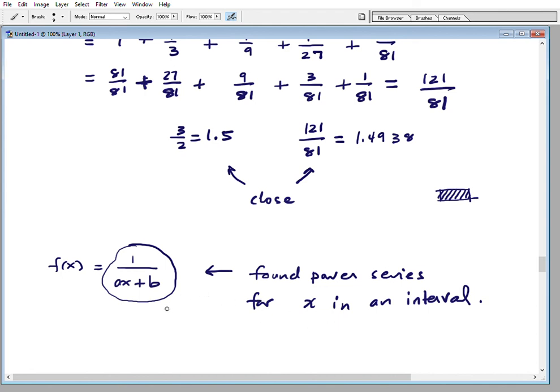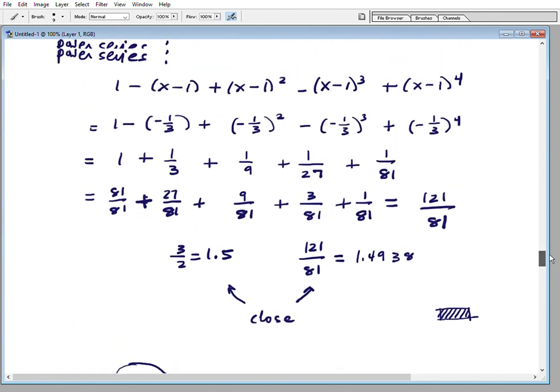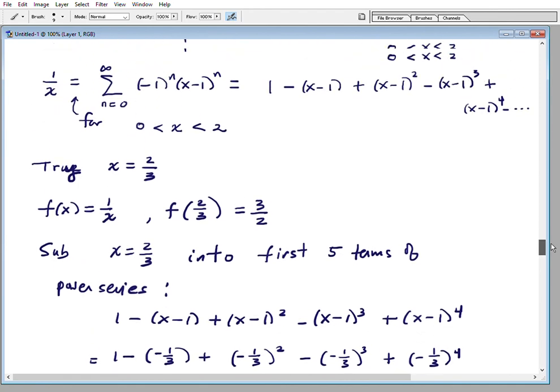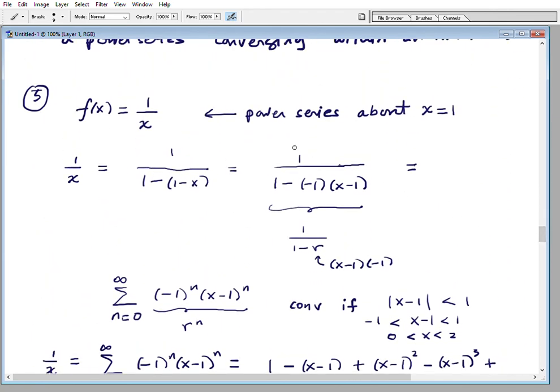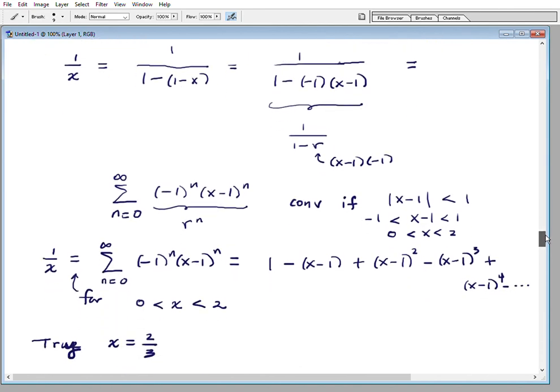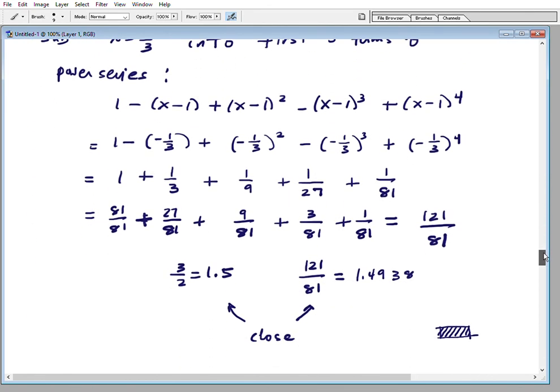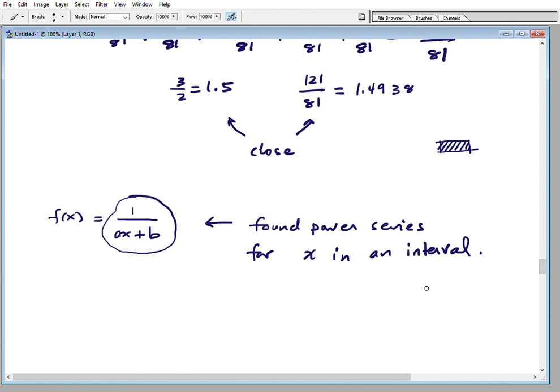We found power series centered at 0, mostly, and then we did this 1 over x, we found the power series for 1 over x centered at 1, where instead of 1 minus something times x, we wanted something times x minus 1. That's how we represented it as a power series centered at 1. So that's all we did so far in this section.